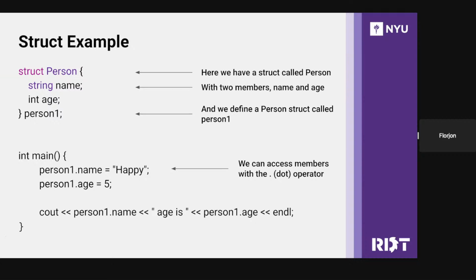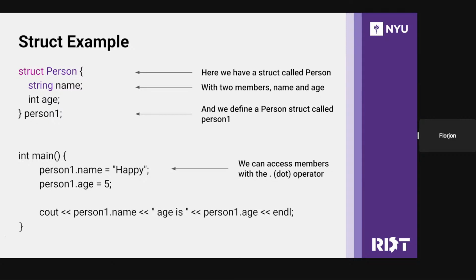If we go into main, what we're doing now is using something called the dot operator. What the dot operator does is it goes into the object's data members that you're trying to either change or just get the value of. Here we're trying to change it, actually initialize it. The first line, person1.name equals happy.